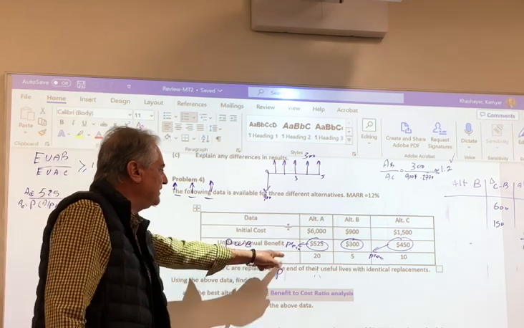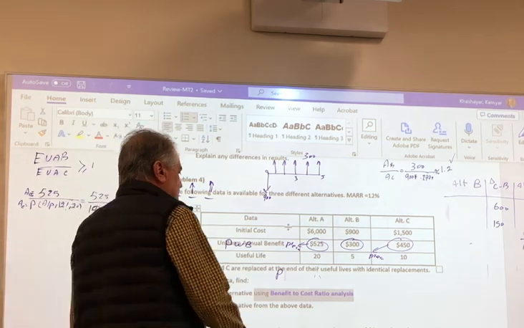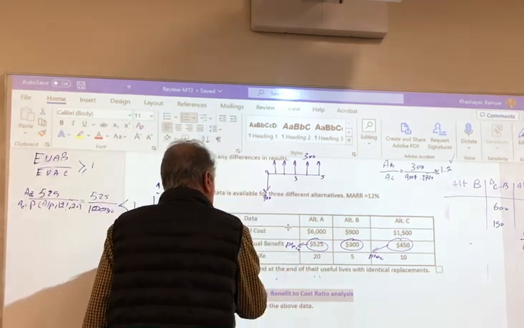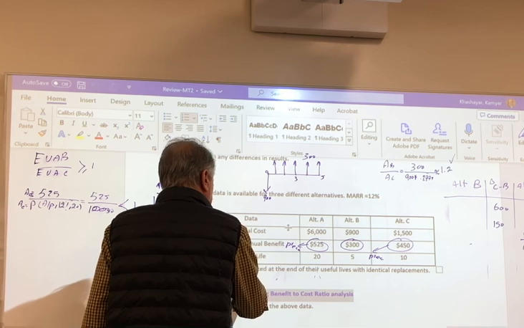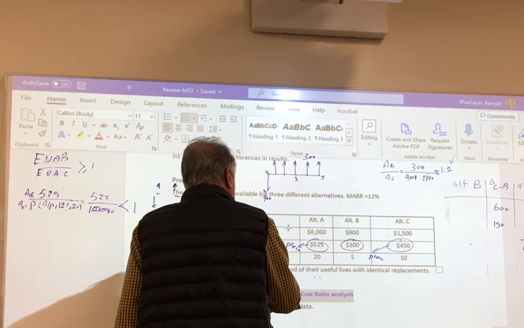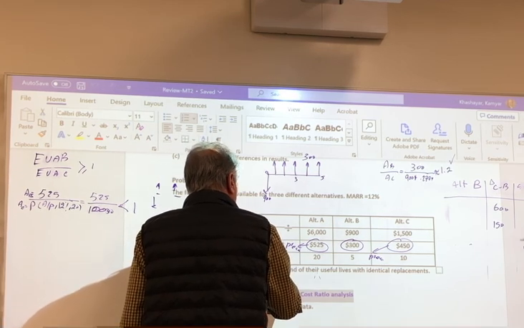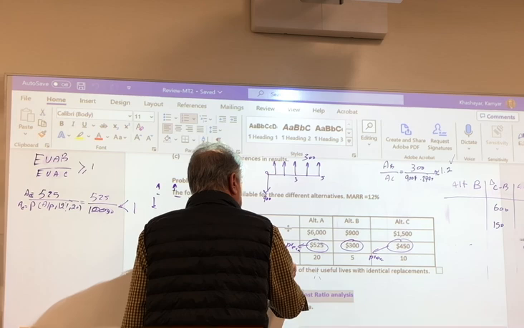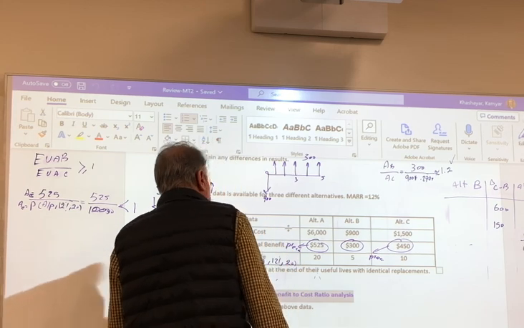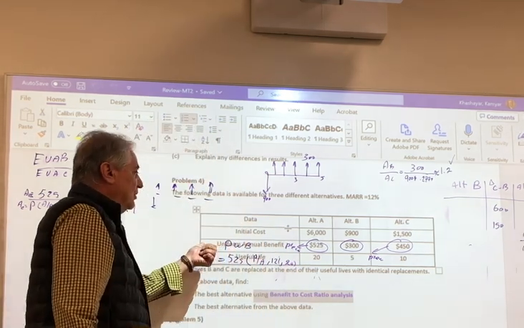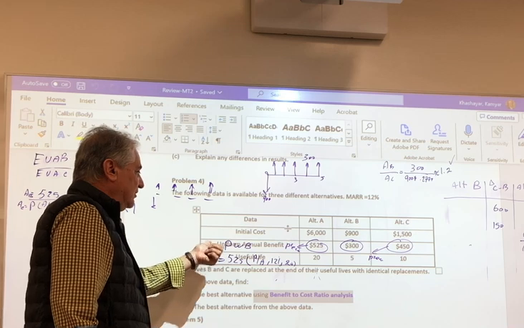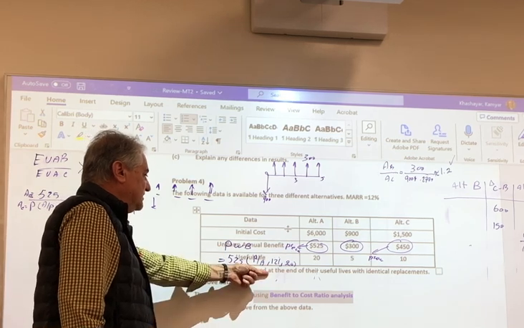So I have to bring this to present. So to make it present, A is 525. The compound factor is P over A, 12%, 20 years. What is this compound factor?